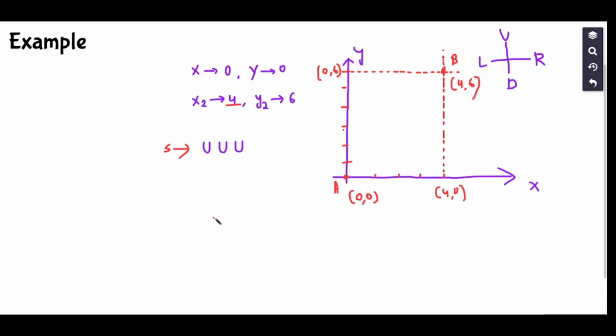Let's see that. According to this forecast string, in 3 days I will reach this position, 1, 2, 3, here. This position is 0, 3. I would take exactly 3 days to reach this position.